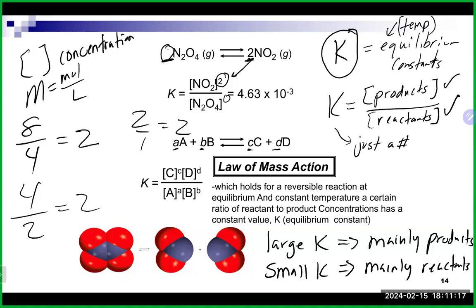Those are all different ratios of stuff, right? And they all end up at the same number, right? And that's the same idea here. You can start with as much as you want of all these things. You may have different numbers at the end, since you started with different amounts, but the ratio of those products to the reactants, as long as you don't change the temperature, will always end up being the same number. Any questions on that there?